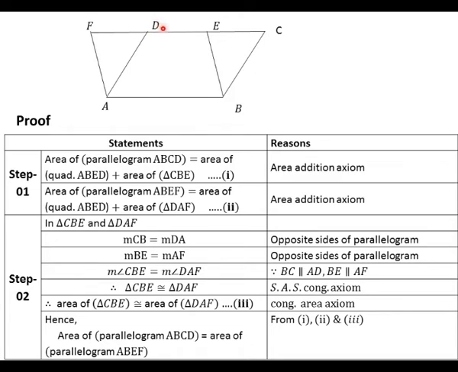This is the sum of a quadrilateral A, B, E, D along with triangle C, B, E. And similarly, the parallelogram A, B, E, F is also the sum of the quadrilateral A, B, E, D along with triangle D, A, F. Now we observe that quadrilateral A, B, E, D is the common region, which is the part of both parallelograms.